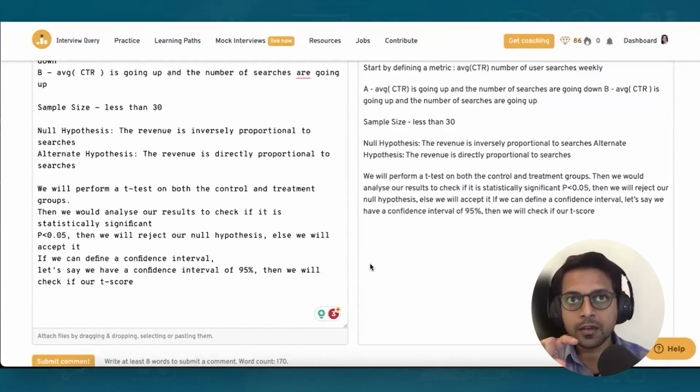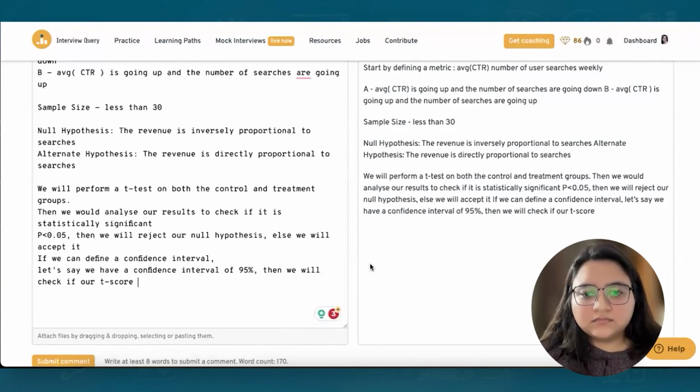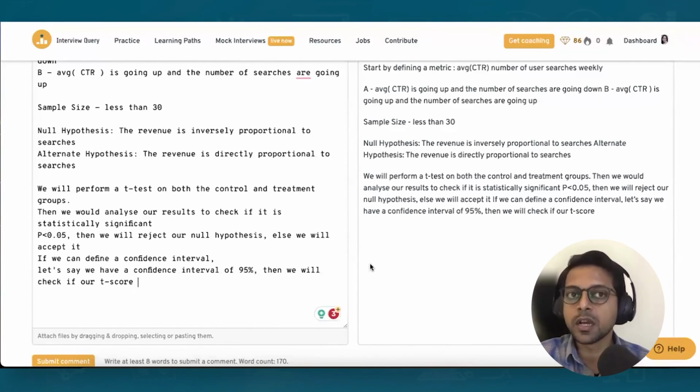And one of your hypotheses, in terms of why the revenue is inversely proportional to the number of user searches, coming down to the quality of the search algorithm itself, is quite plausible in the real world. For instance, if we talk about Google, in recent times, since large language models came out, we also see a conversational experience, right?